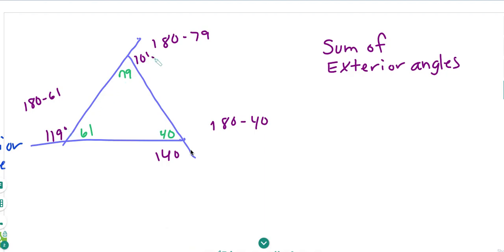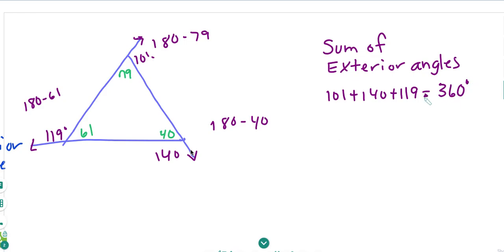So you'll notice that I have 3 linear pairs, 3 supplementary angle sets. So now I'm going to add 101 plus 140 plus 119, and you'll see that that equals 360.